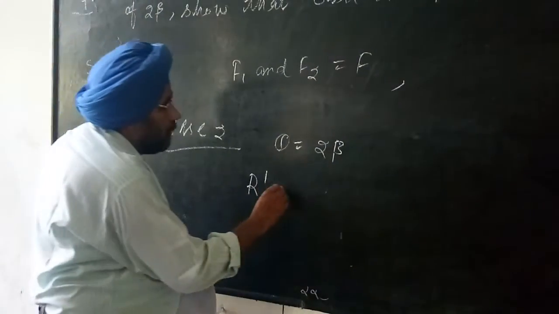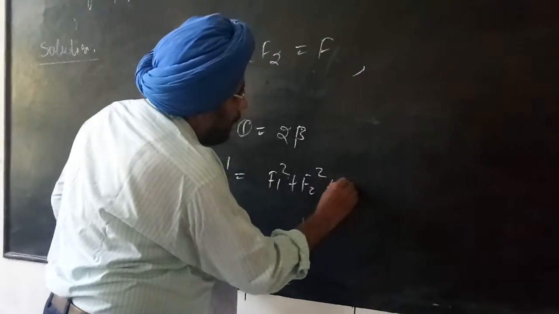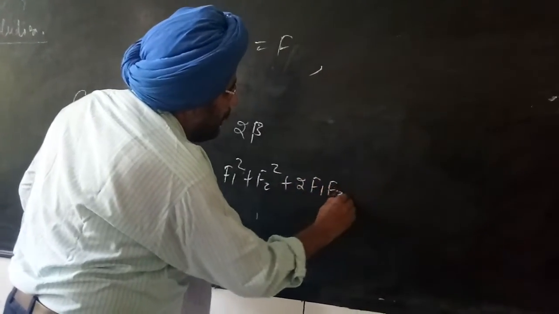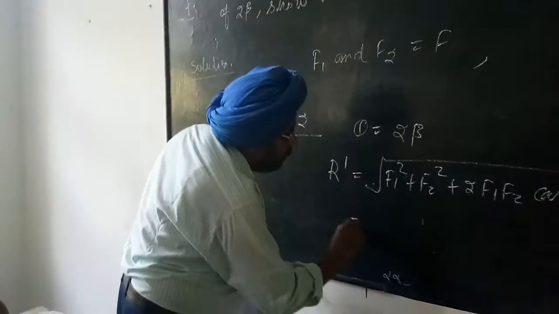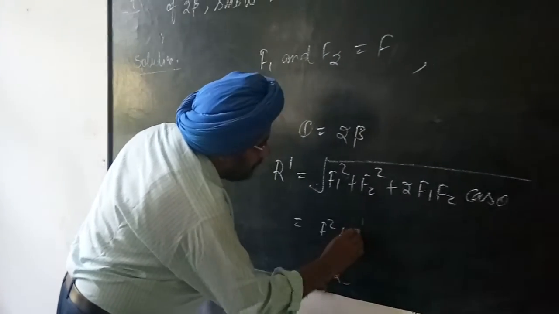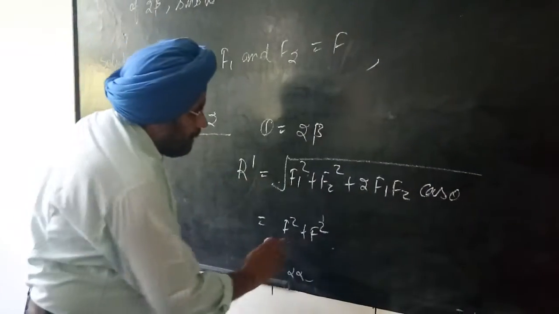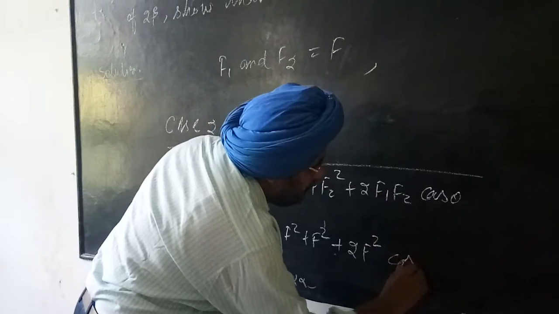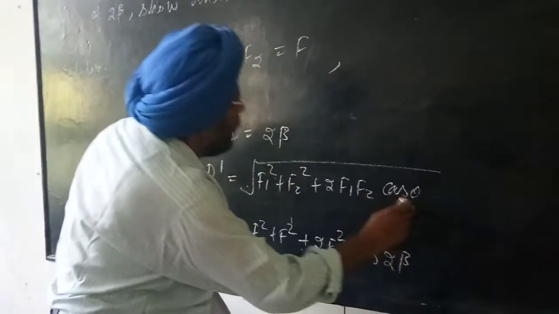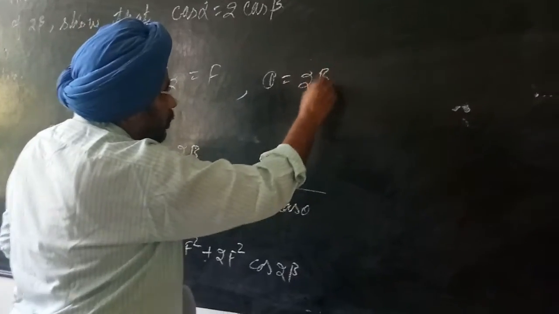So R dash is equal to square root of F1 square plus F2 square plus 2 F1 F2 cos theta. This is equal to F square plus F square plus 2F square cos 2 beta, because each force is equal to F and theta is equal to 2 beta.